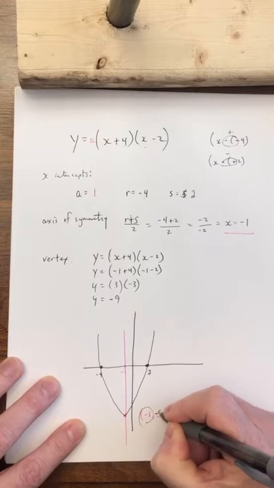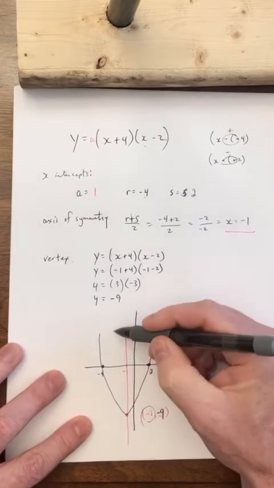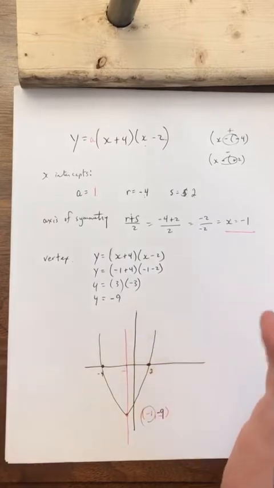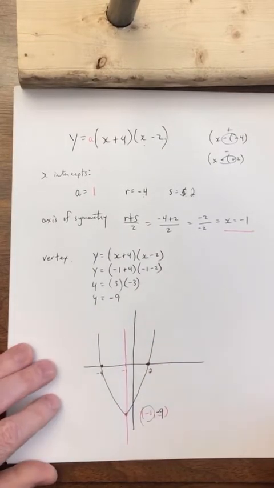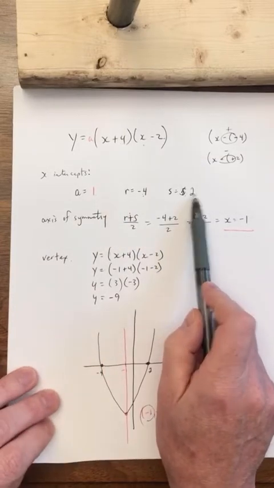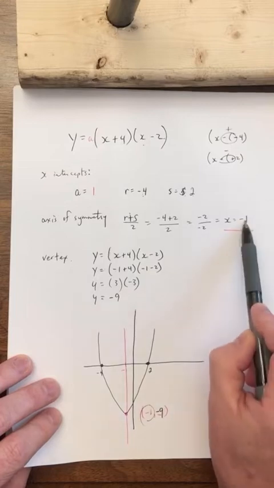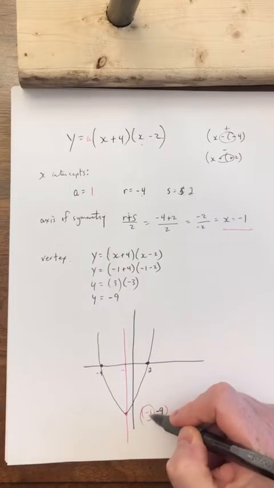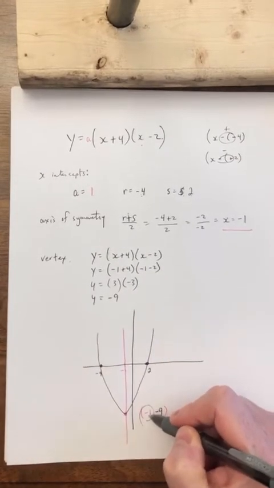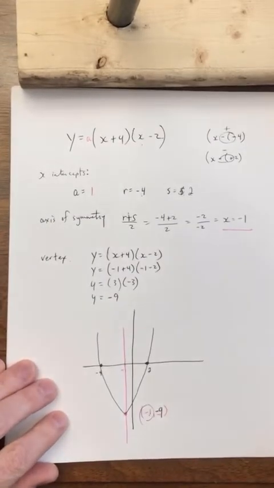So we know that this point is at -9. This is actually when I would graph it. I just started doing the graph here so you can kind of see what we're getting at. But I would figure out my x-intercepts first. I would figure out my axis of symmetry. That gives us our x value. And then I can solve and get the other half of our vertex.